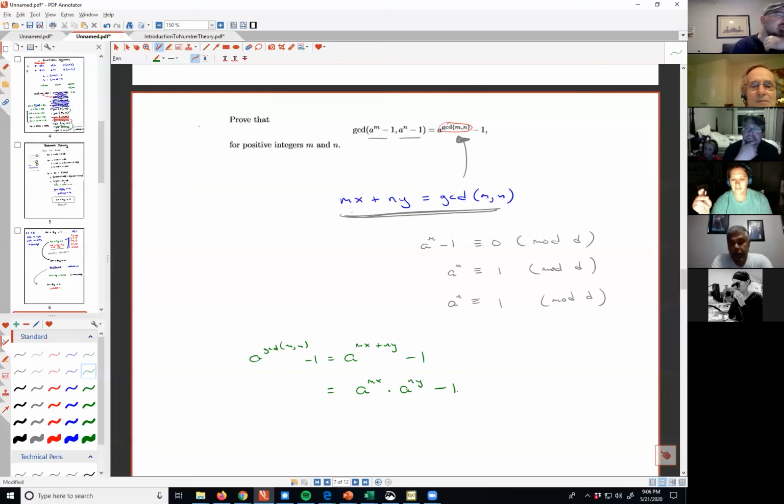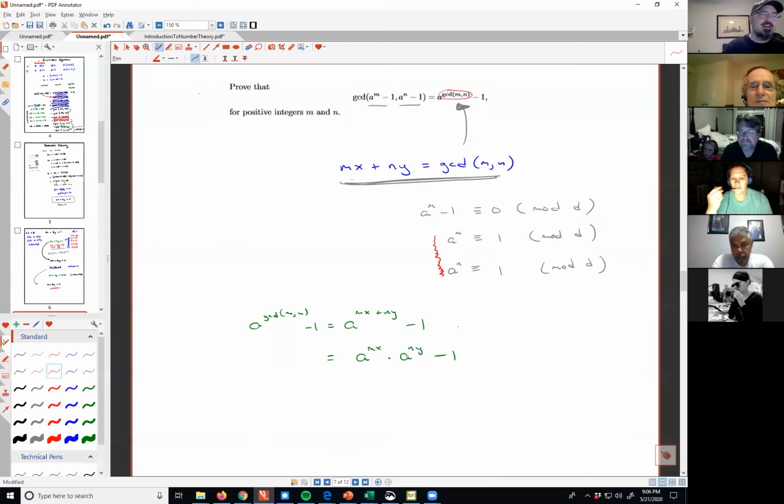And we look over here, a to the mx and a to the ny. Fortunately for us, we took a moment to write the basic facts of the problem down in a way that makes them easy to utilize now. We know that a to the mx is congruent to 1 to the x, which is just 1 modulo d.